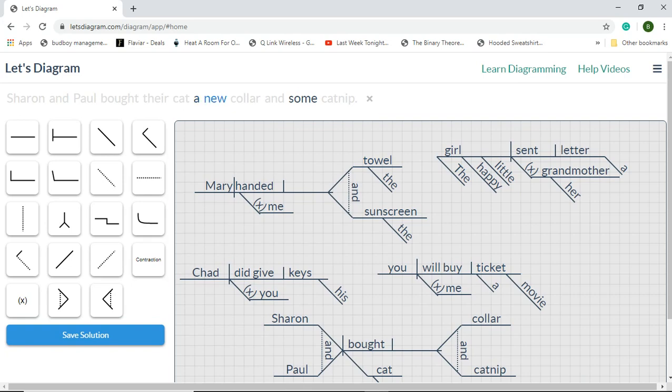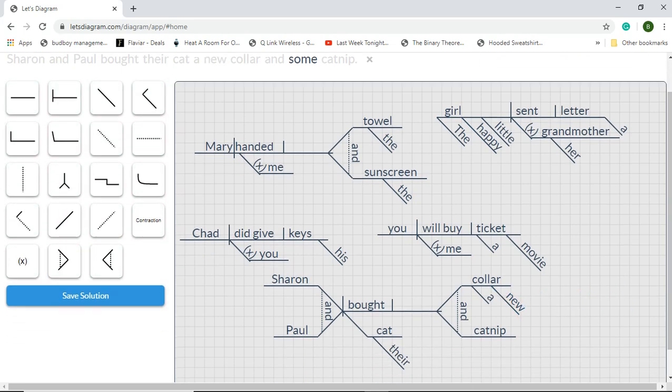And they bought, what is "a new"? What is this? It's an adjective modifying collar. What type of collar is it? It's a new collar. Okay. So that's an adjective modifying collar. A and new. Good.